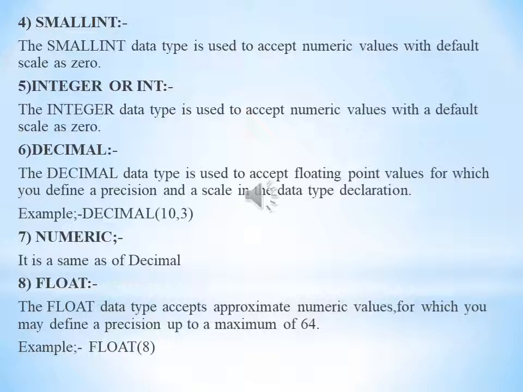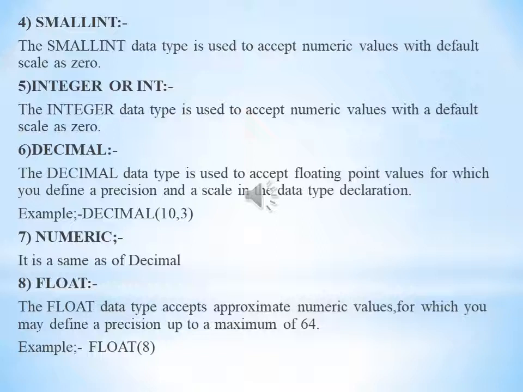The small int data type is used to accept numeric values with a default scale of 0. Next, the fifth, integer or int.